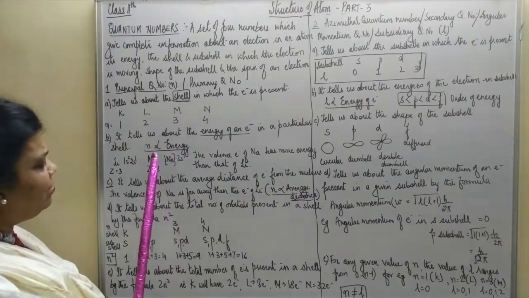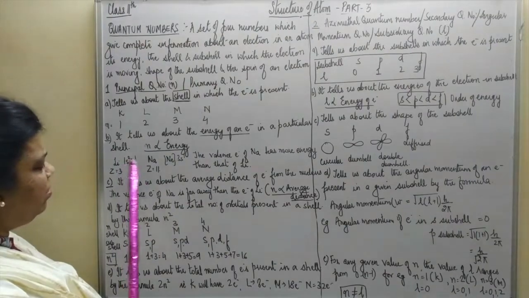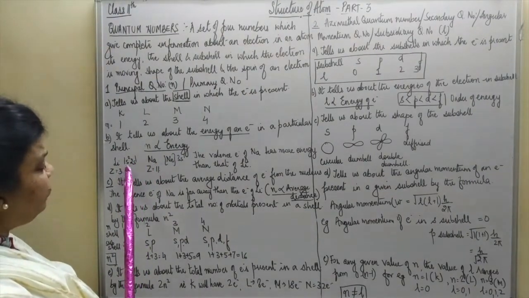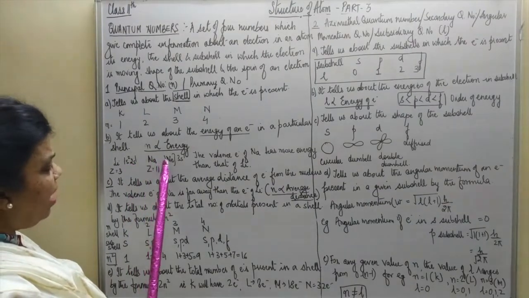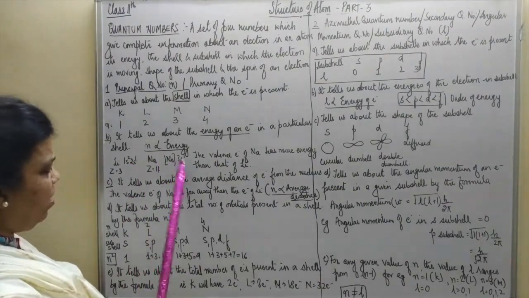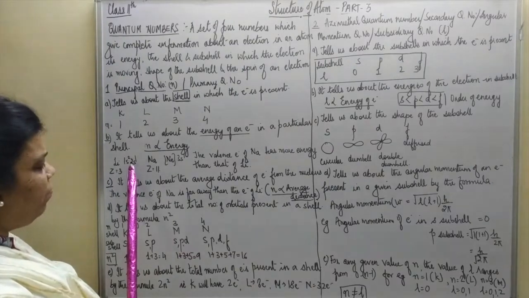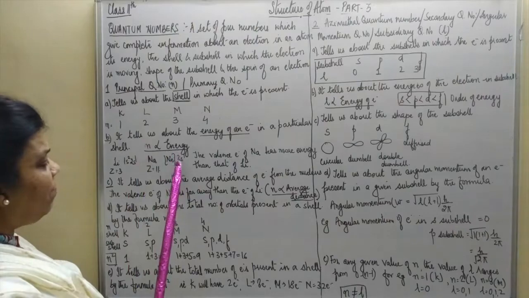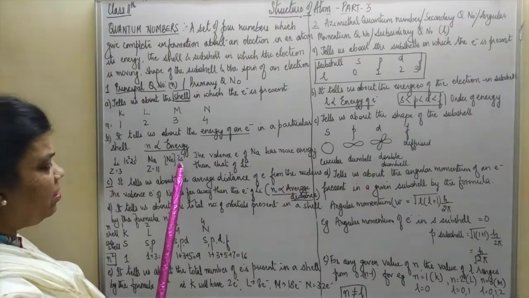To explain this, let me take 2 examples: lithium and sodium. The configuration of lithium is 1s2, 2s1, and that of sodium is neon 3s1. That means the valence electron of lithium is in the second energy level, the L shell, but the valence electron of sodium is in the third energy level, the M shell.